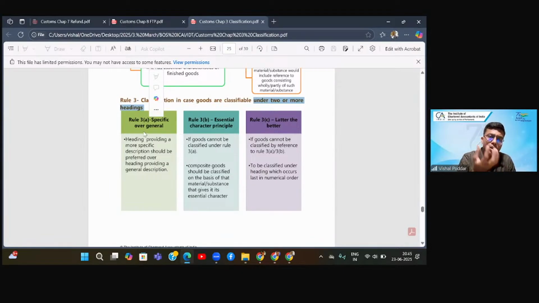An example of this is something called mango lassi. When I say mango lassi, by default the name suggests there are 2 different ingredients. One is mango, one is lassi.